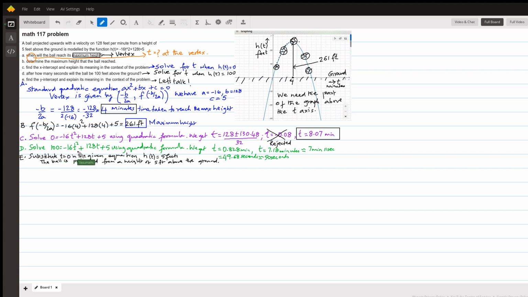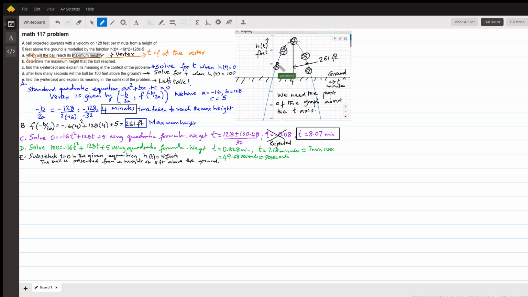Okay. Next is part D. The question is, after how many seconds will the ball be 100 feet above the ground? This time you plug in h(t) equal to 100 and solve for t. We get two values for t, 0.828 minutes and 7.18 minutes. If you see in the graph, let me mark this with my black marker.